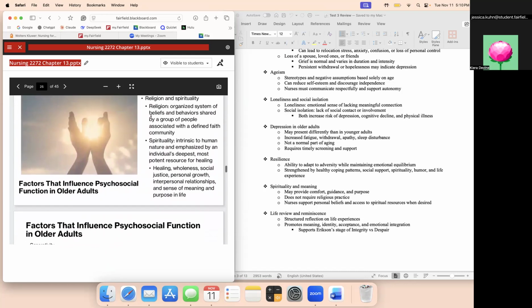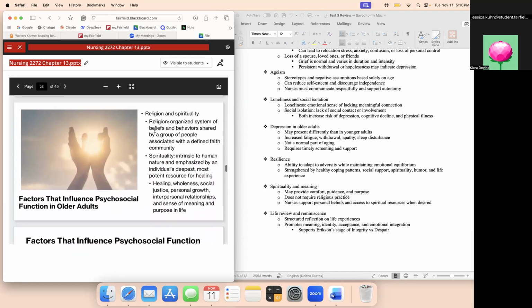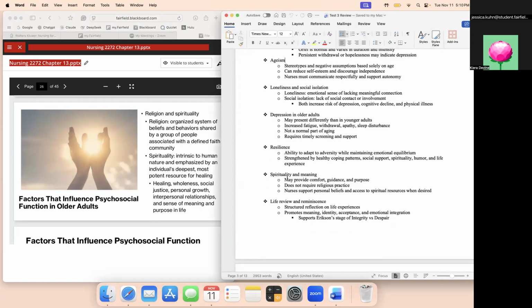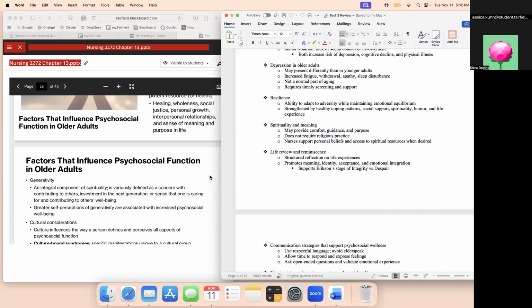And knowing where someone identifies in this realm could also help pull some motivation out of a patient. This may provide comfort, guidance, and purpose. It does not require a religious practice, and nurses support the personal beliefs and access to spiritual resources when desired.